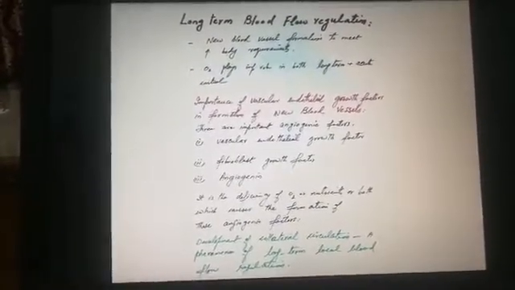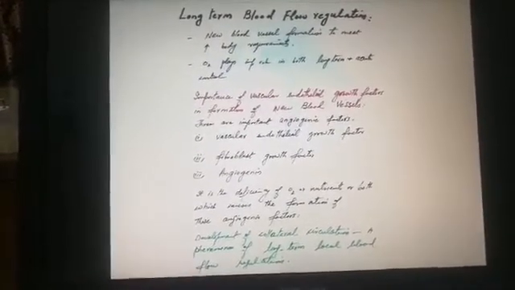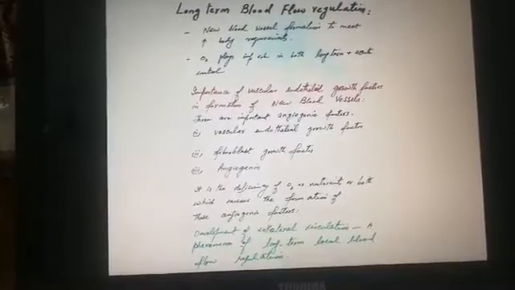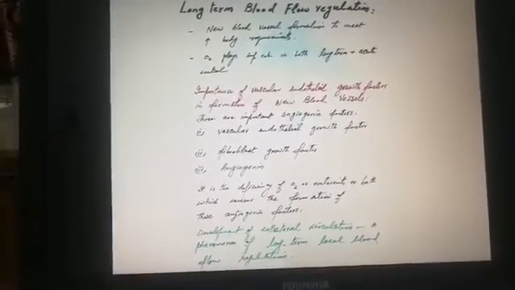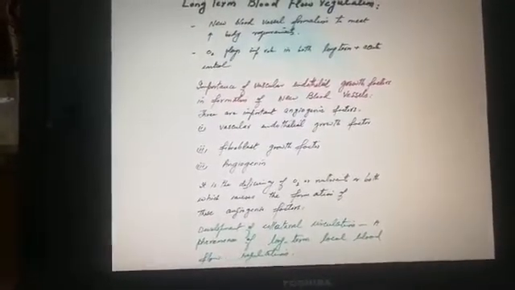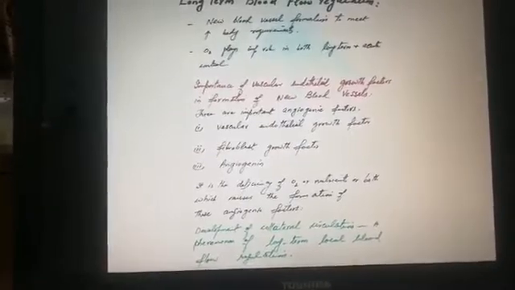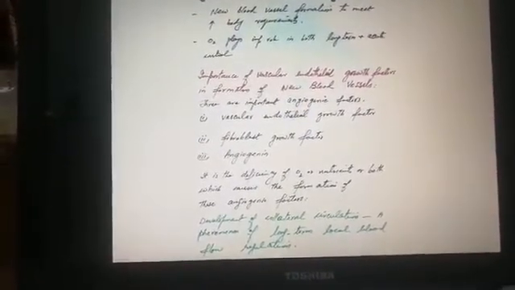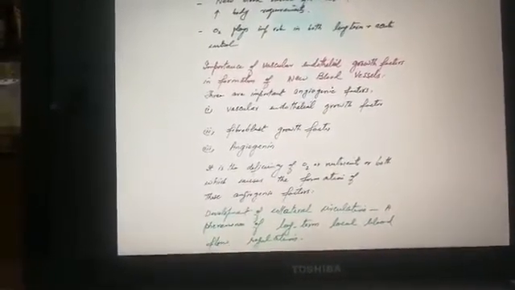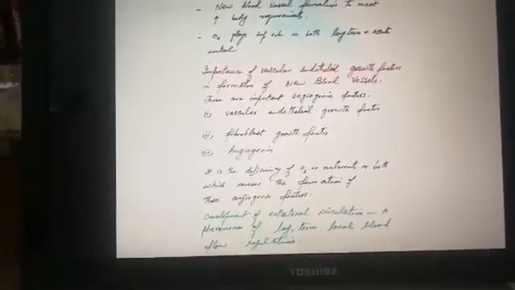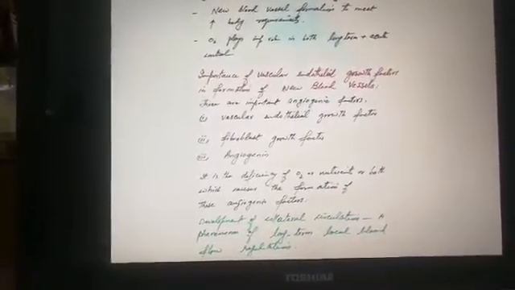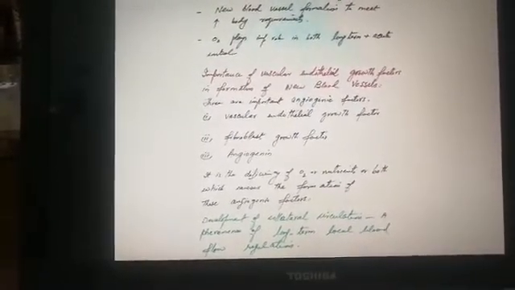Okay, long-term blood flow regulation, new blood vessel formation to meet increased body requirement. Oxygen plays an important role in both long-term plus acute control. And the importance of vascular endothelial growth factor, VEGF, in the formation of new blood vessels. There are important angiogenic factors: VEGF, vascular endothelial growth factor, FGF, fibroblast growth factor, angiogenin.